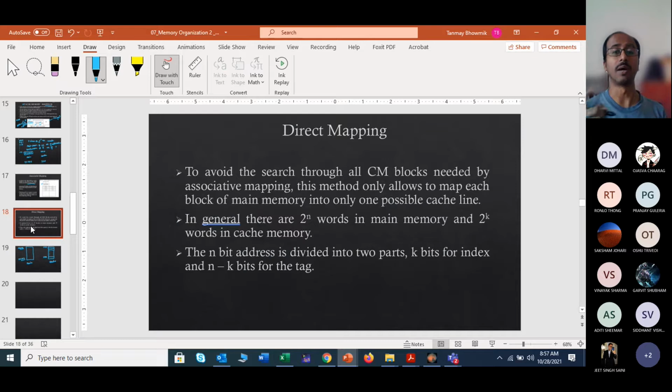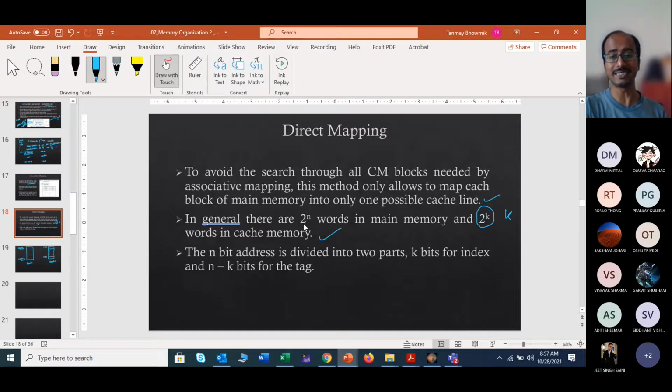Now we will read what was written in this tag and index part. To avoid the search through all CM blocks, CM means cache memory, needed by associative mapping, this method only allows each block of main memory to map into only one possible cache line. In general, there are 2 to the power n words in main memory and 2 to the power k words in cache memory. So how many address lines will there be? It is simply k, right? So the n-bit address is divided into two parts.